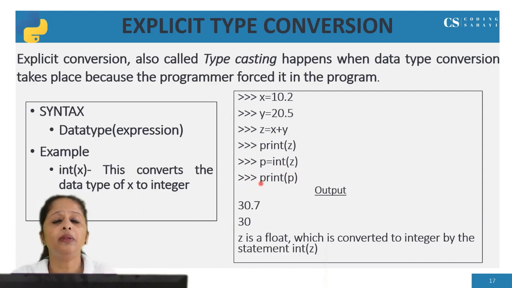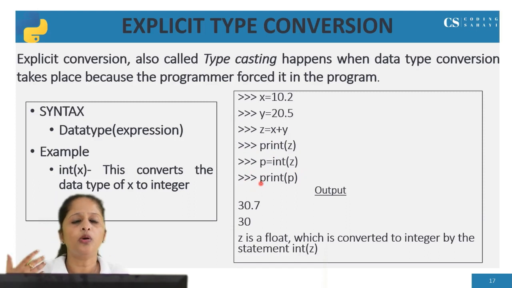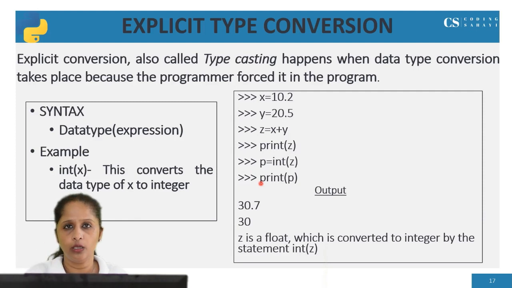So that is explicit type conversion. Most of the time we write this explicit type conversion from a larger or wider data type to the lower one. So this is actually narrowing. Implicit type conversion is widening and explicit type conversion is narrowing.